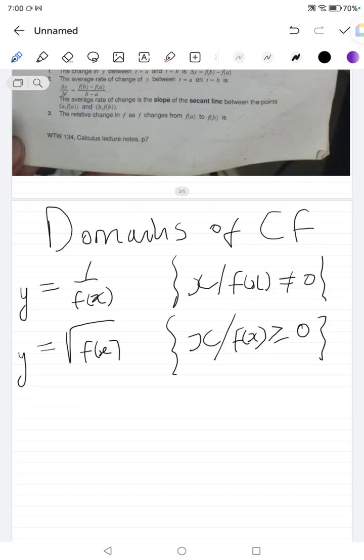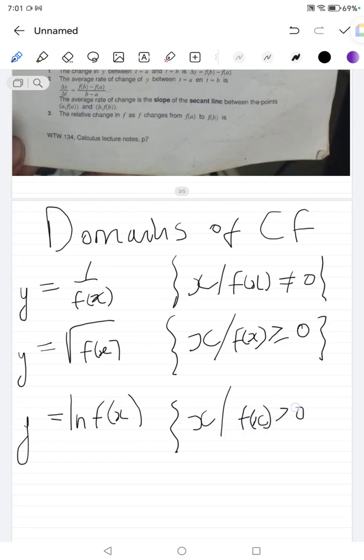See? The third one is the one I was mentioning, when you have ln of f of x. With this one, you're going to have x such that f of x should be greater than 0. Hence, if you have ln of 0, you're going to get undefined on your calculator. Same thing.